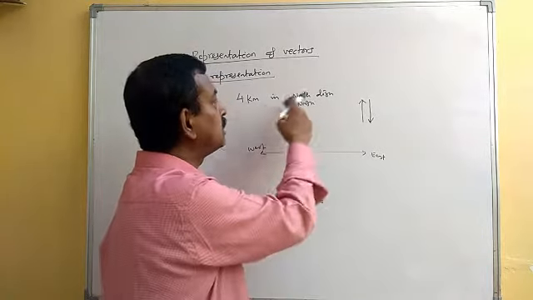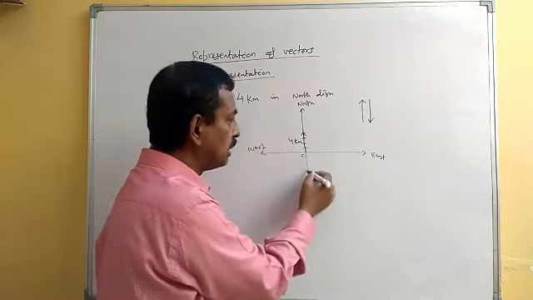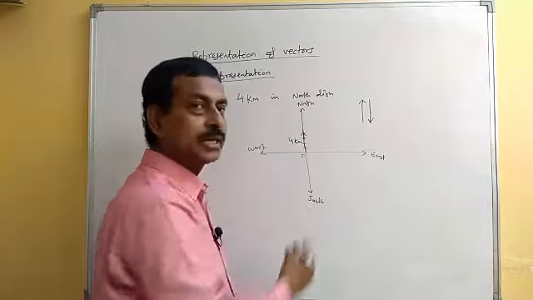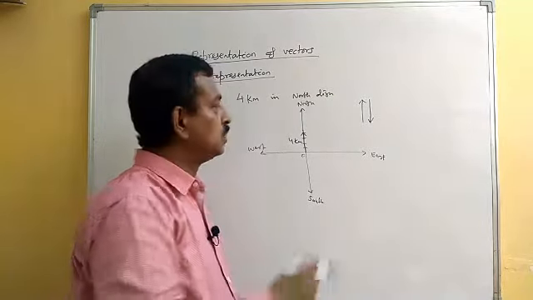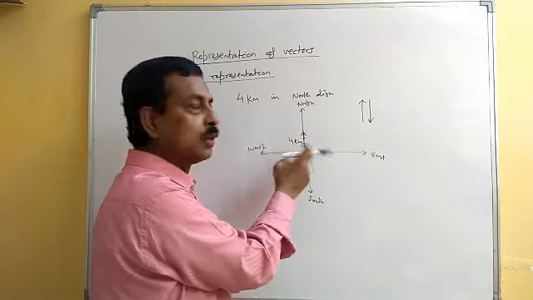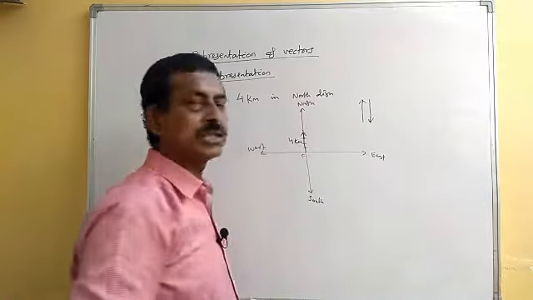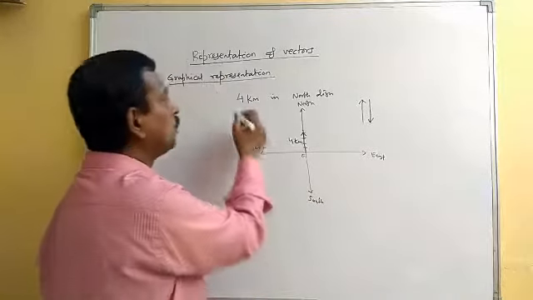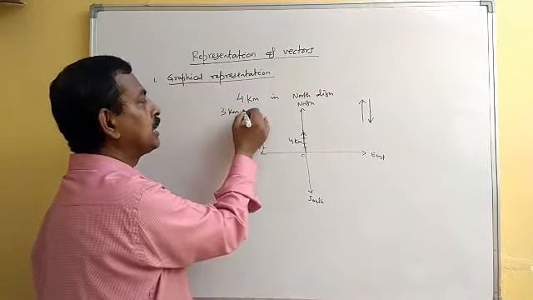If it is 4 kilometers south, I will represent the line in the other direction. So we'll represent a 4 kilometer displacement in the north direction like this. Suppose the body further moves through 3 kilometer in the east direction.